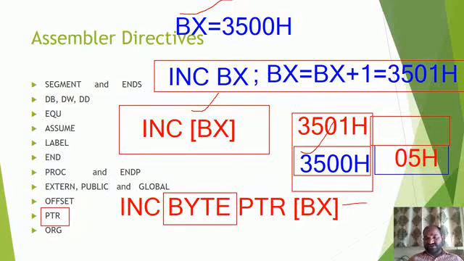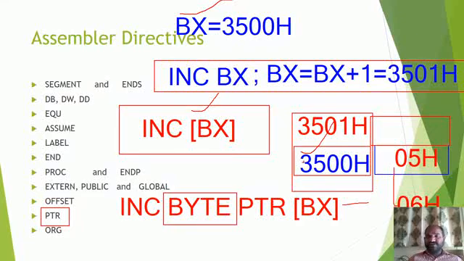Soon after this instruction is executed, whatever value is there in 3500H is incremented by 1. Now this value is going to be 06H, because we are explicitly mentioning that the pointer pointed by the BX is a byte, not a word. Now, sir, I would like to make use of this BX content as a word representation.